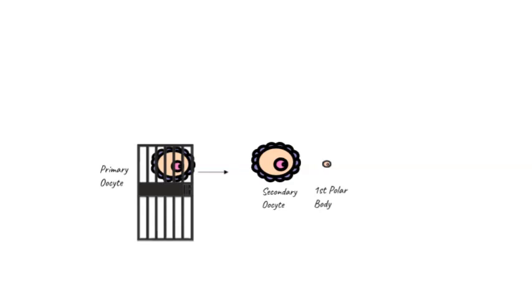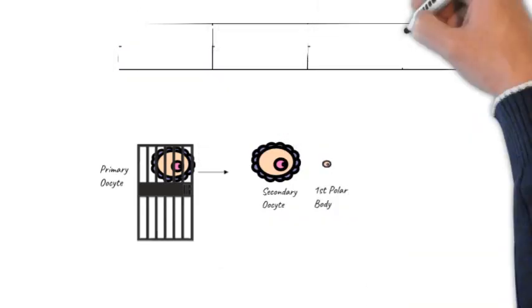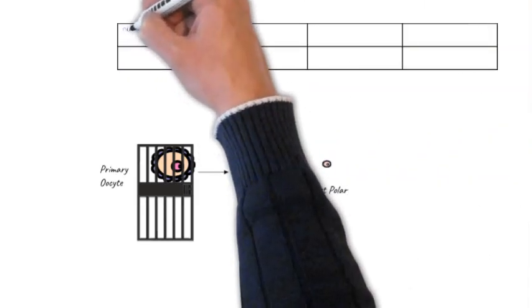So now let's talk about the genetic material of the secondary oocyte. Now that we split the genetic material between the one that got most of the cytoplasm and the one that got the first polar body, what is the genetic material state with regard to the big N, the small n, diploid or haploid, how many chromosomes, all of that.